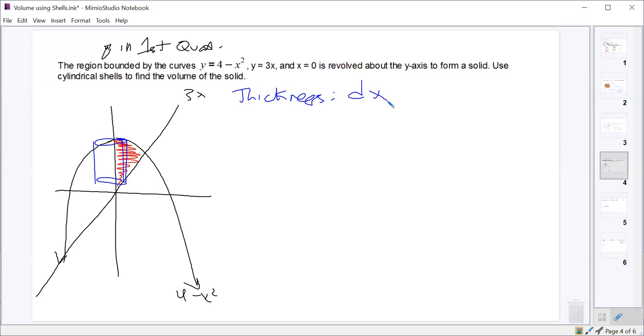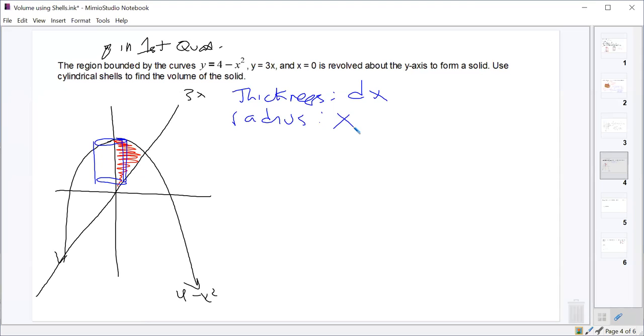What about our radius? Our radius ought to be the distance from the y-axis to that rectangle. Well, how do we measure a distance from the y-axis to something to the right of it? We call that x. Can I just leave the radius as x? Yeah, we're doing dx. Just leave it as x.